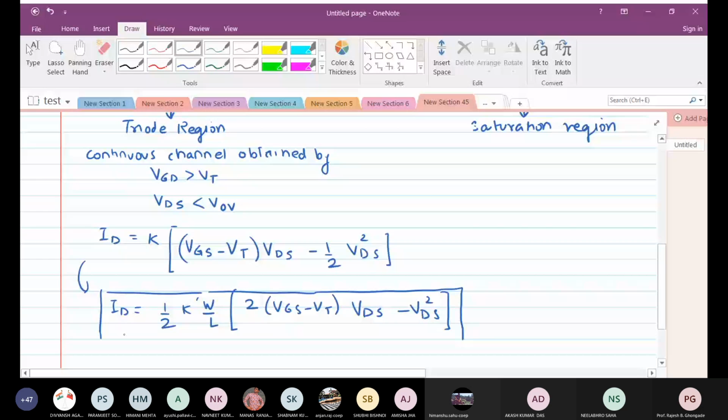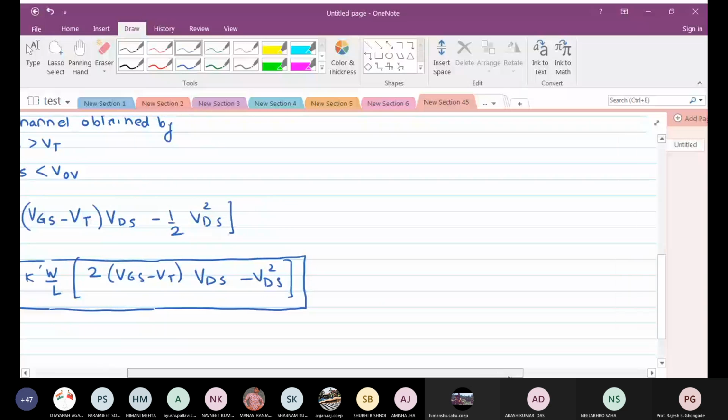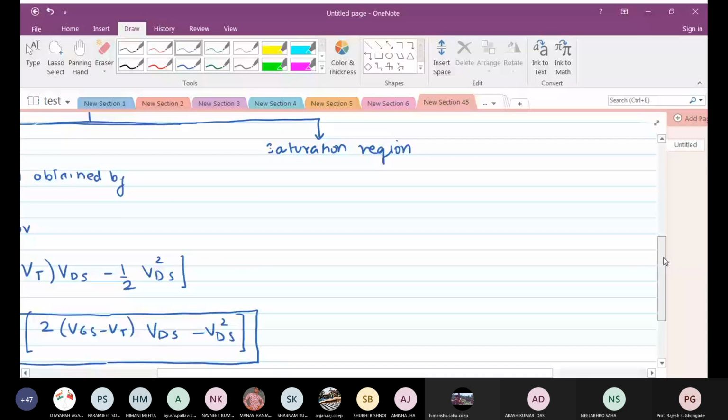Yes, all of you with me? Yes, sir. So understand that this is the equation which relates the drain current and VDS in the triode region. Whereas in the saturation region, we have a different picture.